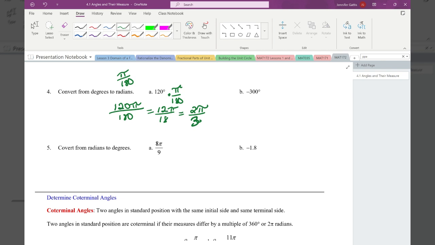Now let's look at negative 300 degrees. Take a minute and let me know what you think negative 300 degrees would be in radians.